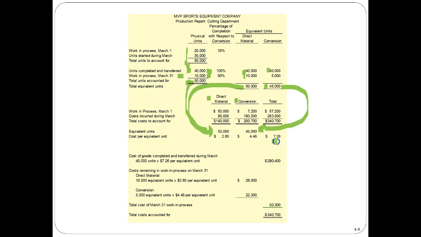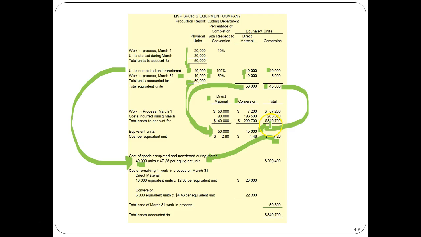If we add these across, we come up with this number. Then we're going to take the 40,000 here. That's the stuff that got transferred out. So remember, that comes from this number. They got transferred out, times the 7, which comes from this number, gives us the 294.